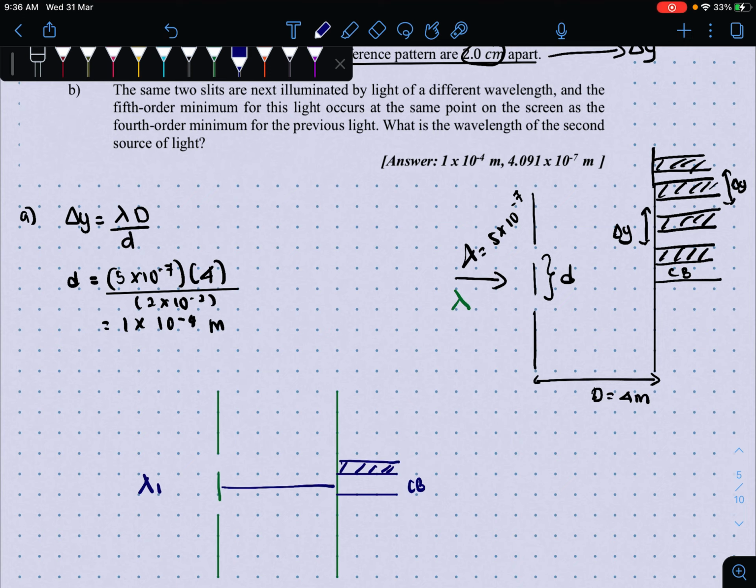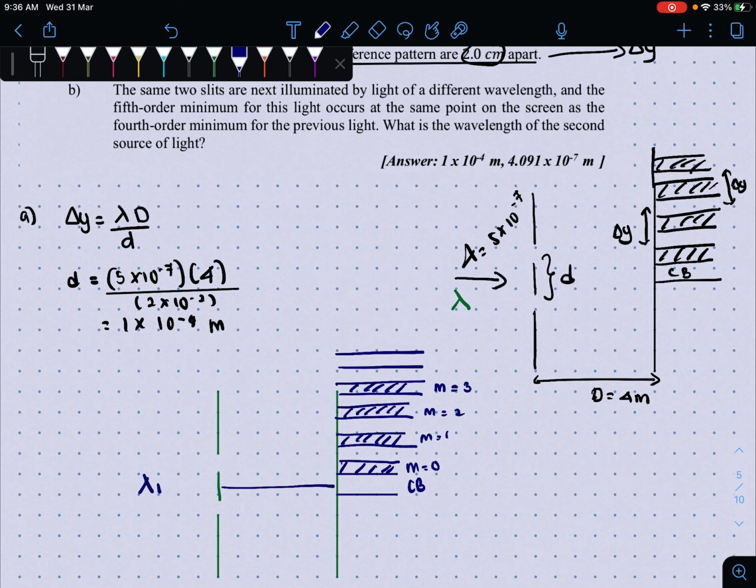Where m is equal to 0 is the first dark fringe, the second dark fringe is m equals 1, the third dark fringe is m equals 2, the fourth dark fringe is m equals 3, and that is the fourth order minimum.